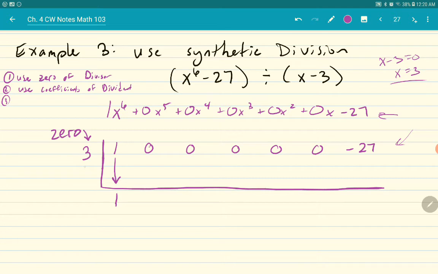And then I want to add and multiply instead of divide. So I go 3 times 1 equals 3, and I put it there. And then I add. 0 plus 3 gives me 3. And then 3 times 3 gives me 9. And then add, and I get 9. And then I do 3 times 9, and I get 27.